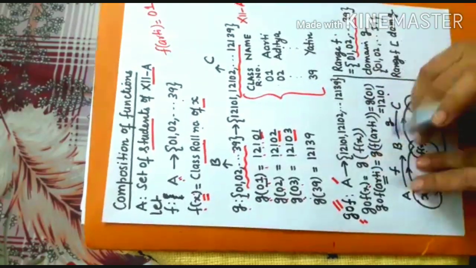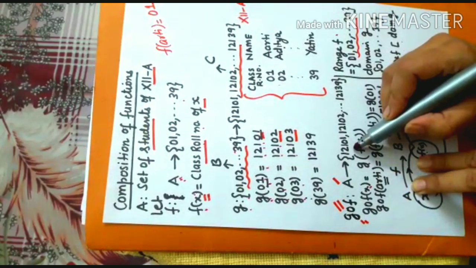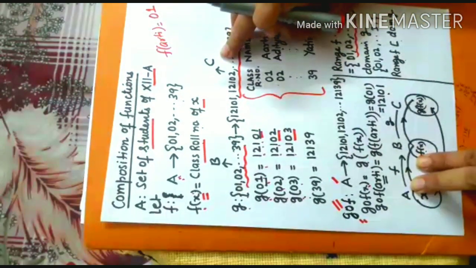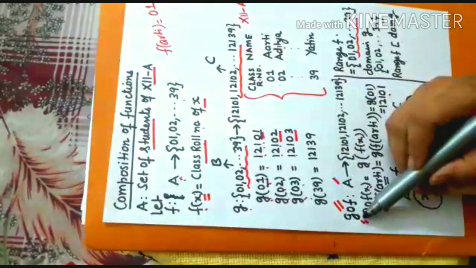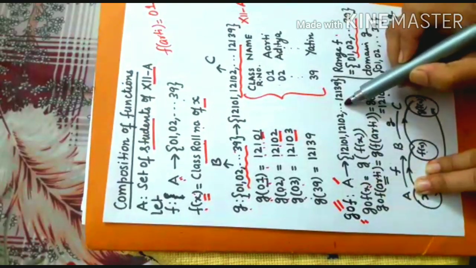So under the function g, the image of this element will belong to the codomain of g, which is this set. So the composition function GOF will be from A to this set.